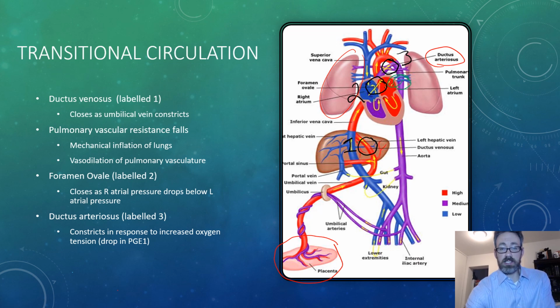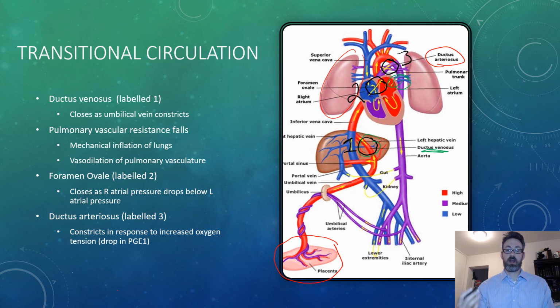In fact, not only does the umbilical vein itself constrict, but in response to birth the ductus venosus here will completely constrict as well, and blood flow completely ceases through it. So we have a drop in the overall volume going to the right atrium, which also reduces the right atrial pressure relative to the left atrium, and this is why the little trapdoor stays shut. So right atrial pressures drop, left atrial pressures go up.